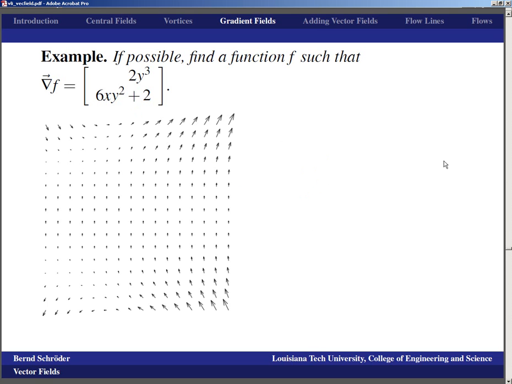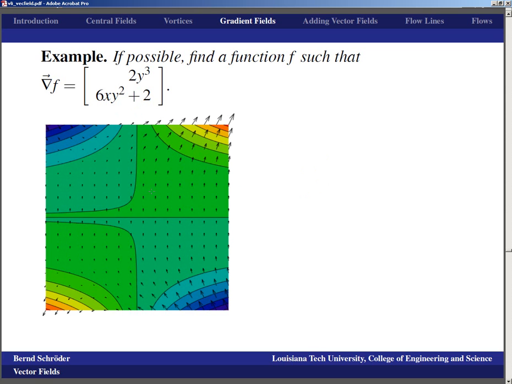In terms of visualizing it, here is the field and here is the function. And I have to apologize here, the picture scale is a bit problematic. The gradient, of course, is supposed to always be perpendicular to the level curves.